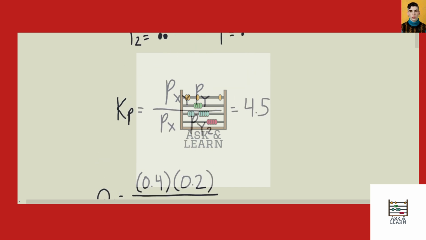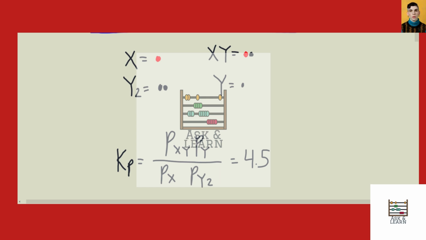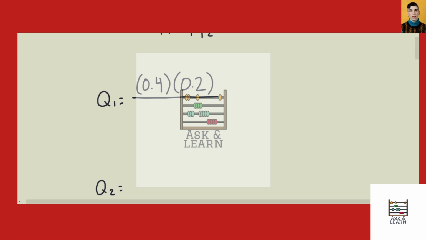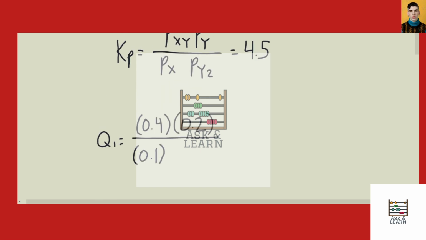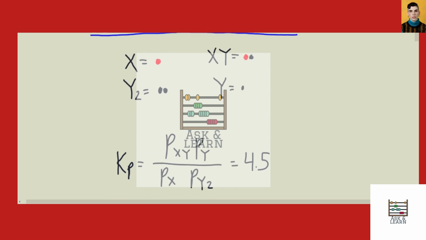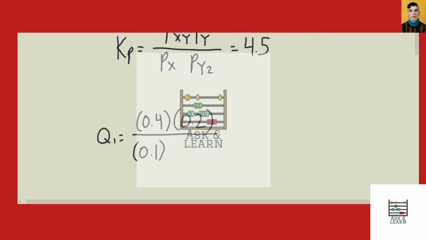Then we divide that by the number of X, so the number of the single orange atoms that we see in that scene, and that comes out to 0.1, since we would find that there is just 1 of those. And then the partial pressure of Y2 is how many of those 2 black atoms that are bonded together to form that diatomic Y2.